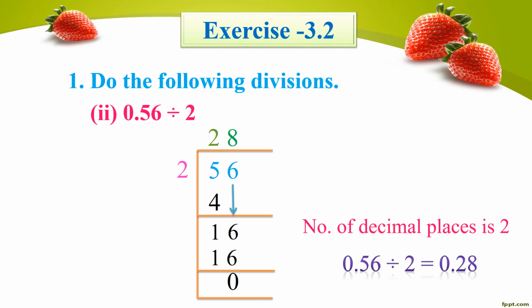On doing so, we get 0.56 divided by 2 is equal to 0.28. Here the quotient is 28. The number of decimal places in the dividend is 2. Therefore, we have to shift 2 places from the right side, and we get the result 0.28.